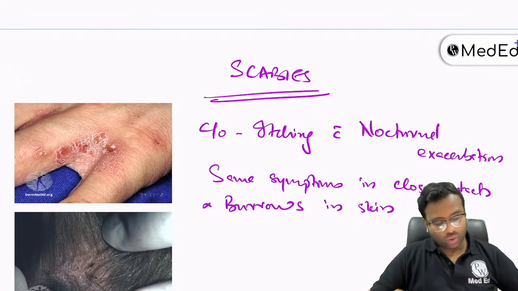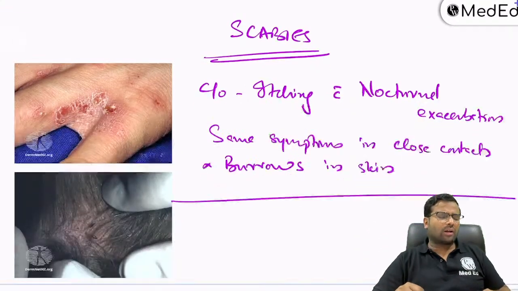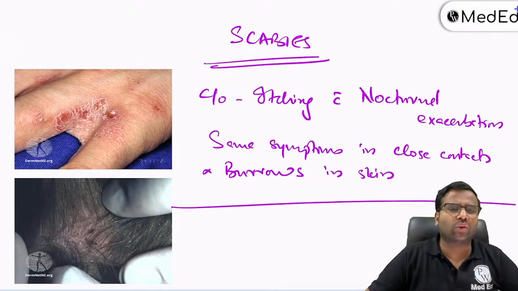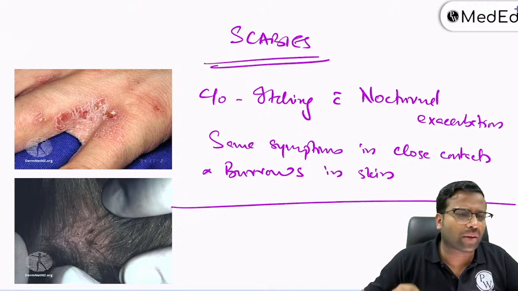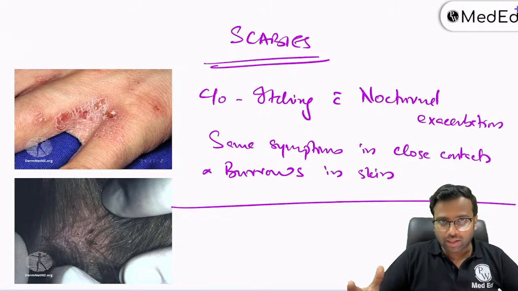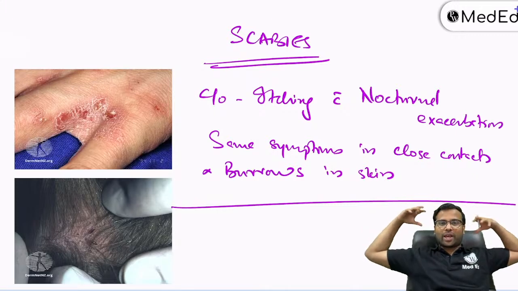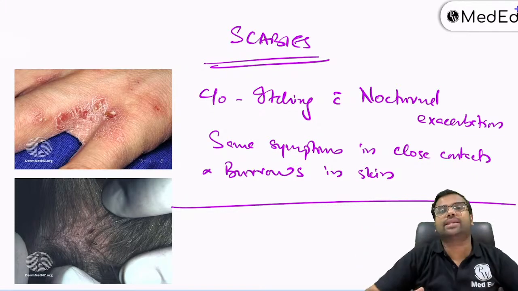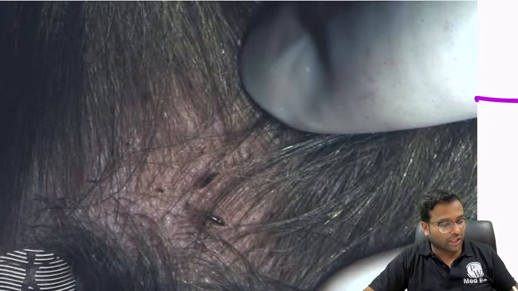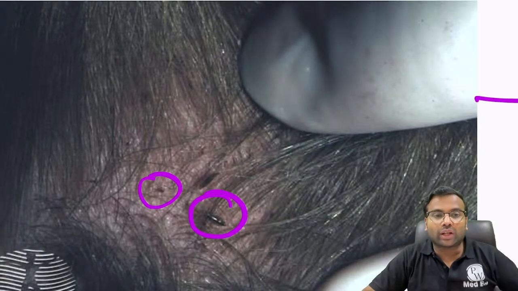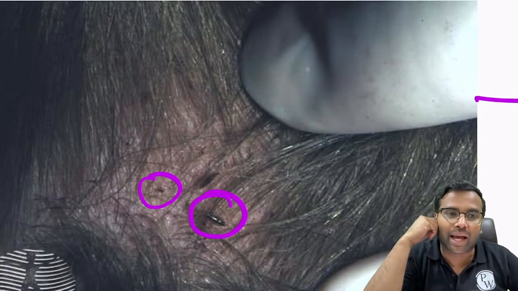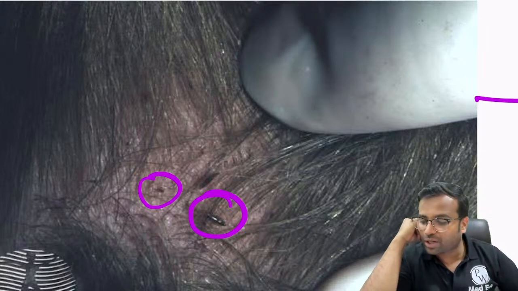Correct? Okay. And one more parasitic infestation that we would like to discuss is about the females, isn't it? Those with long hair, whenever you get a very long hair, you start getting a lot of itching in the scalp. Once you examine closely, you can see that there is something that is moving. So what is the diagnosis here?